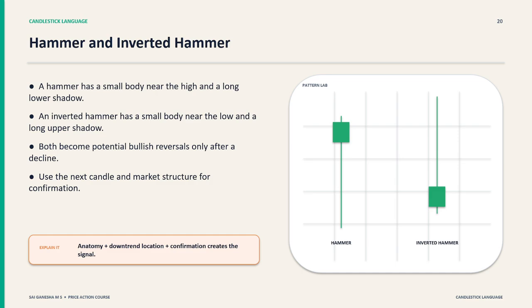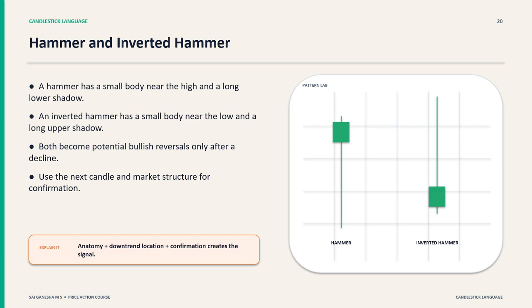That recovery creates the long lower wick. Now, is every candle with a long lower wick a bullish hammer? No. For it to work as a possible bullish reversal pattern, it should form after price has been falling. If the same candle appears randomly in the middle of a sideways market, it doesn't carry the same meaning.